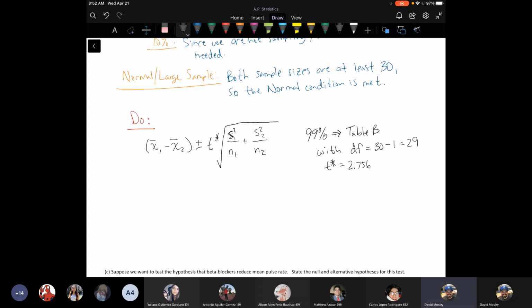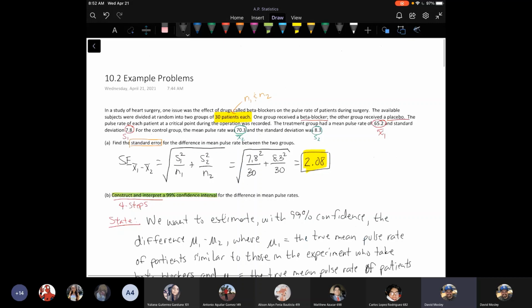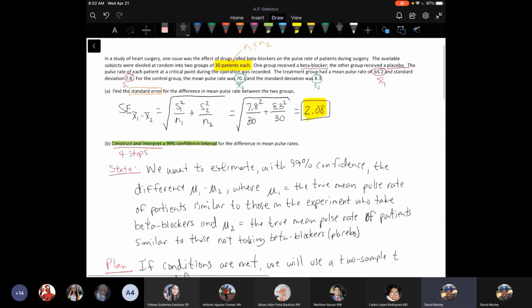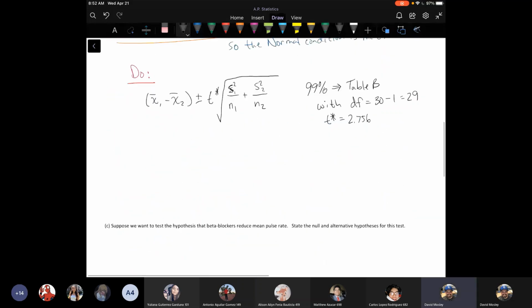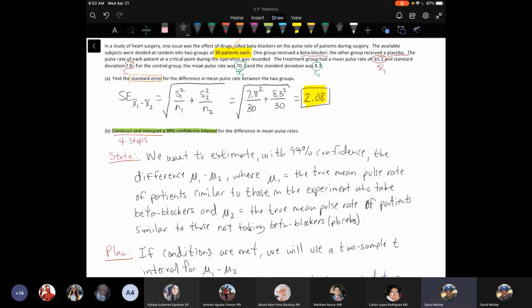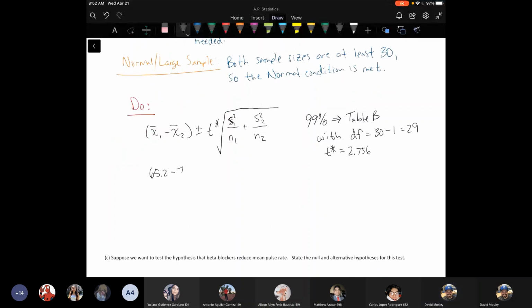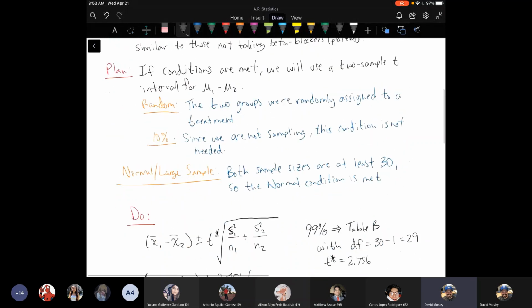And now we replace everything with the values, right? X bar 1, if we go back to the beginning, was 65.2. X bar 2 was 70.3. Right, plus or minus 2.756 times the other number we already found, which is 2.08.